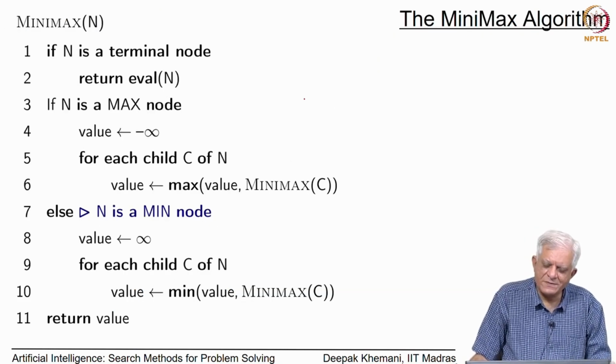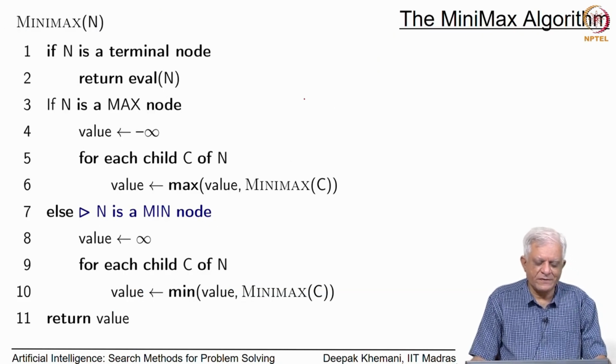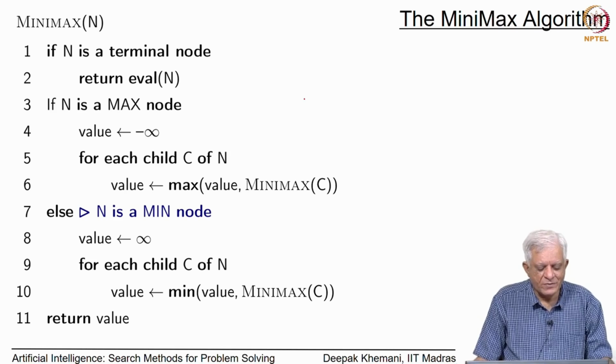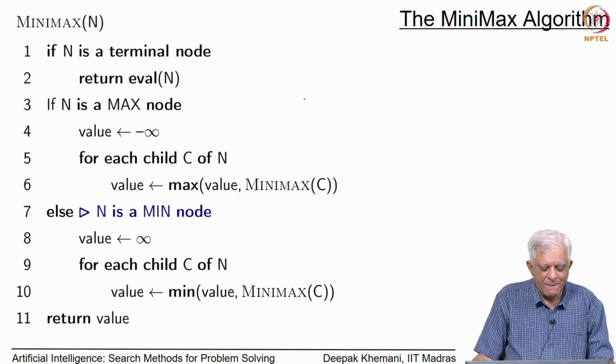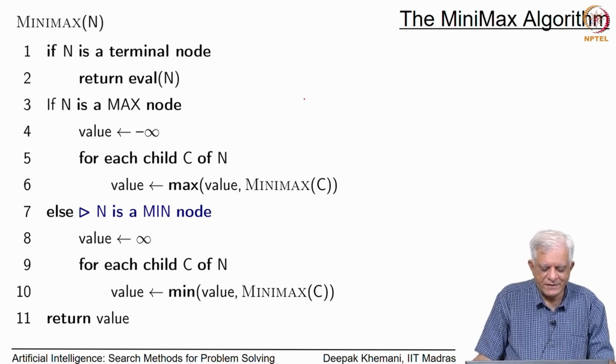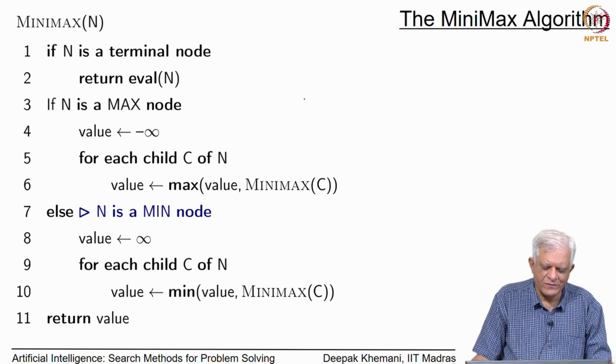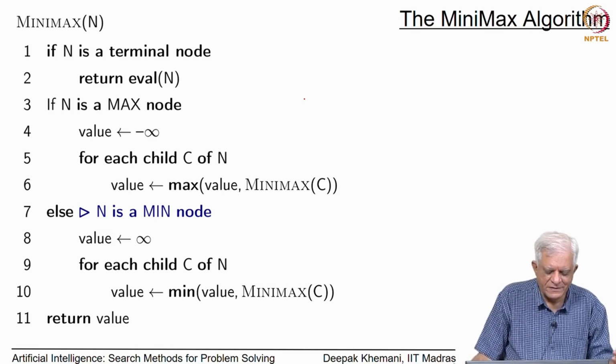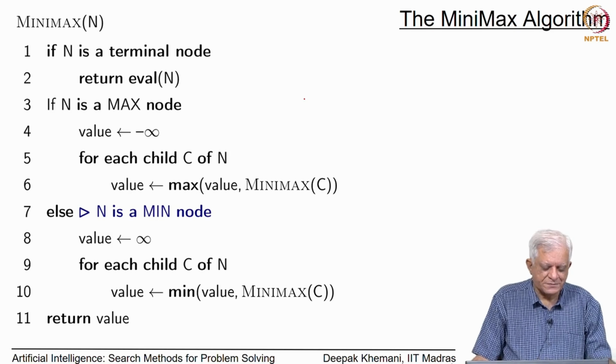The minimax algorithm is the simplest algorithm that we can use for computing the minimax value, and here we have given a recursive version of the algorithm, and we can also write iterative versions. So, we know for example, that we can maintain an open list and keep adding to that.